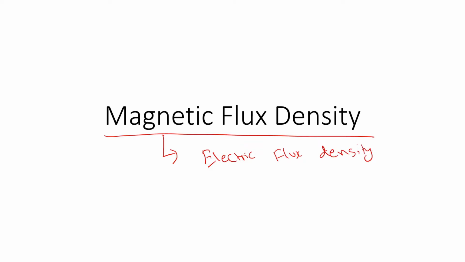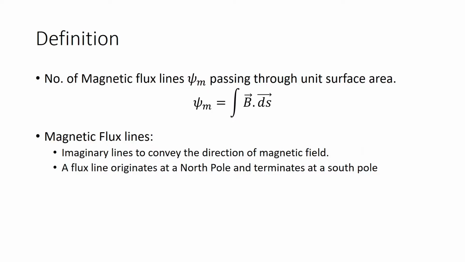Where the electric flux density was the number of electric field lines passing through unit surface area, the magnetic flux density is the number of magnetic flux lines passing through the unit surface area.